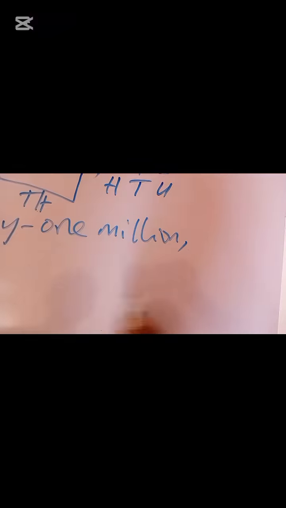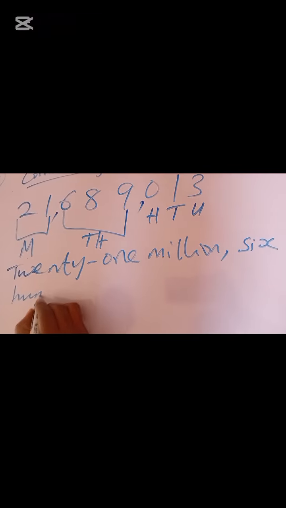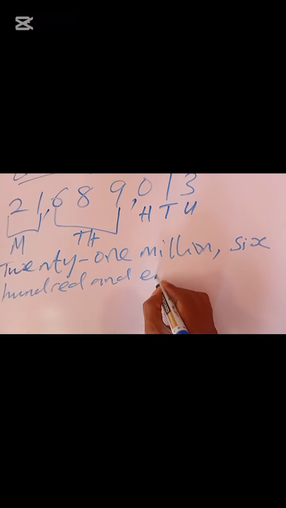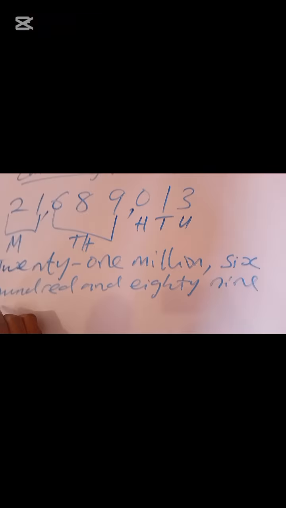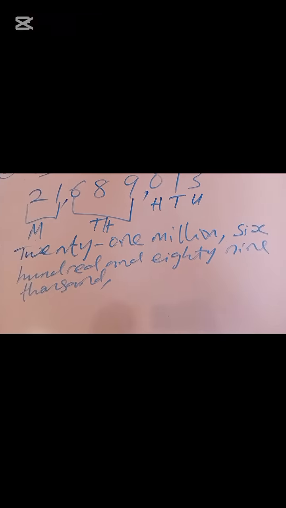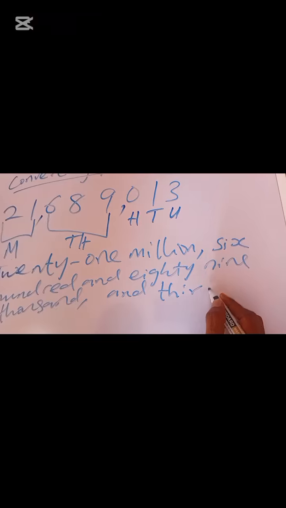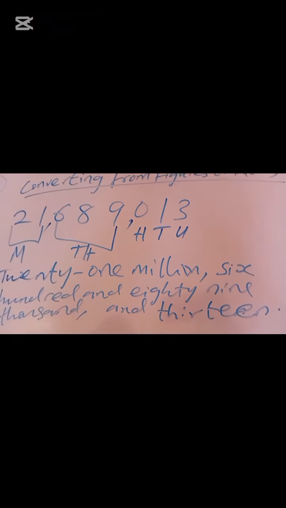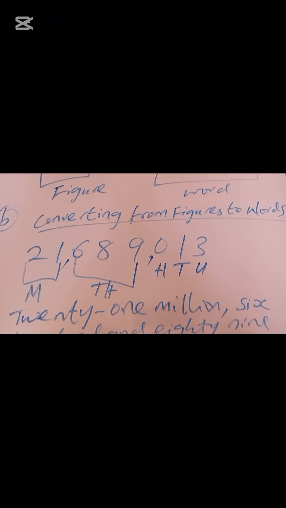Put your comma. 689,000. Also put your comma and 13. Full stop. This is the simple way to write any number given to you, no matter how lengthy it is.